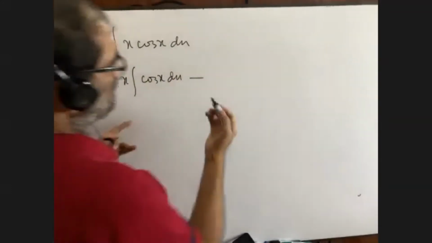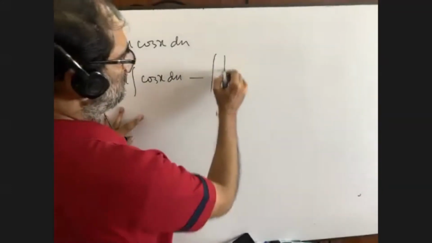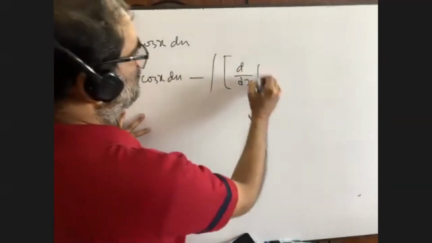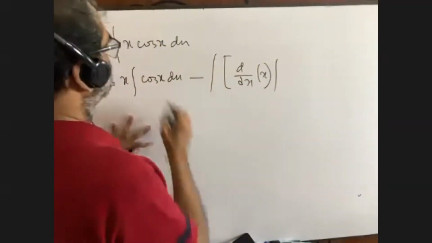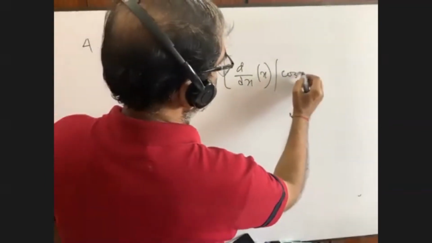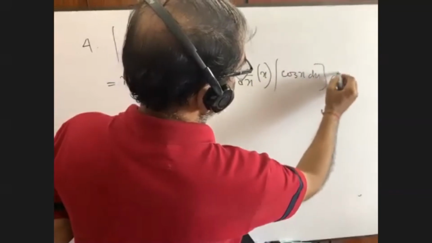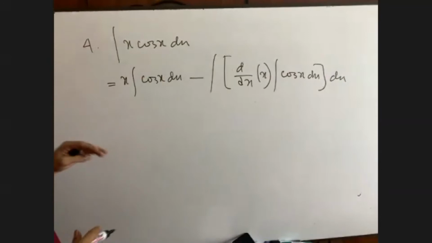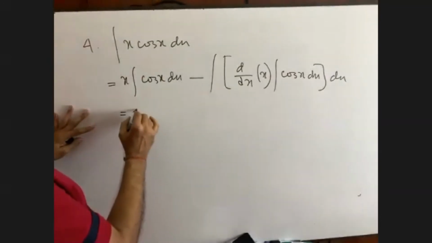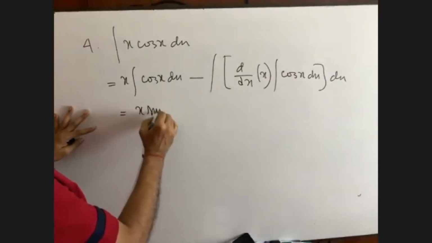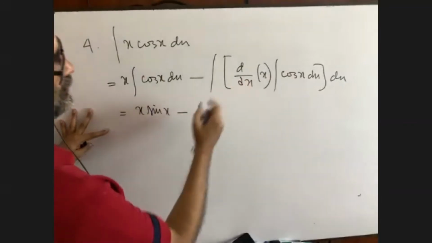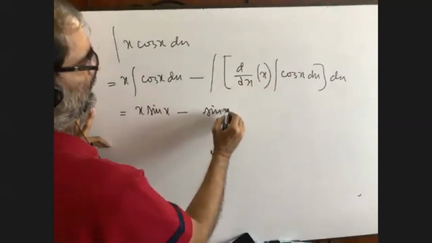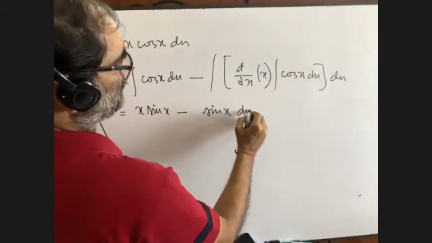Okay, minus integration sign, third bracket, d by dx of x, again integration sign cosine x dx, third bracket dx. So we are getting the same formula. If I don't do it, you can do it. What is the integration of cosine x? It is sine x. Minus, this is a 1, no value, integration of cosine x is sine x, and at last it is dx.